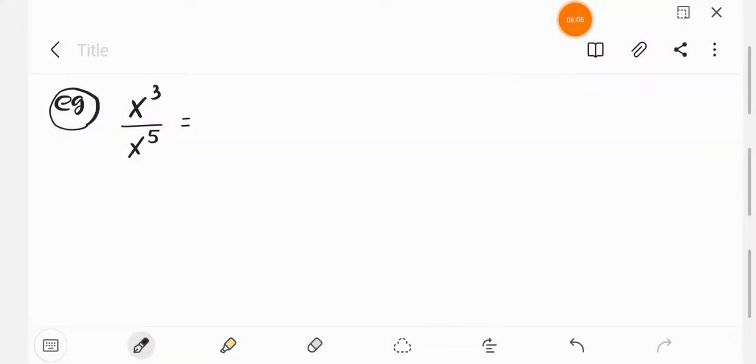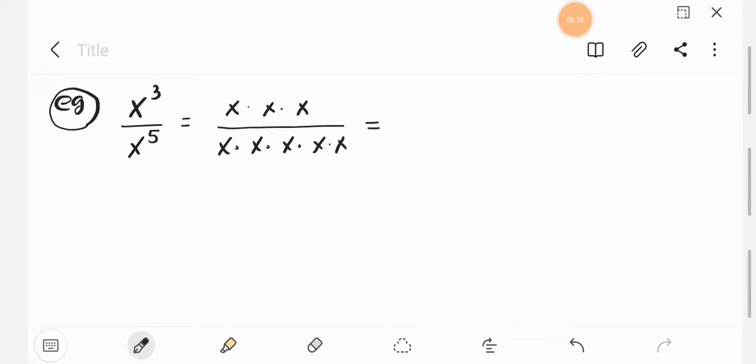Okay, now let's try dividing an exponential form by an exponential form whose exponent, the power, is larger. So for example, the exponent of the denominator is now greater than the power of the numerator. The numerator has 3 x's, right? X cubed means x is multiplied 3 times. But the denominator now has 5.